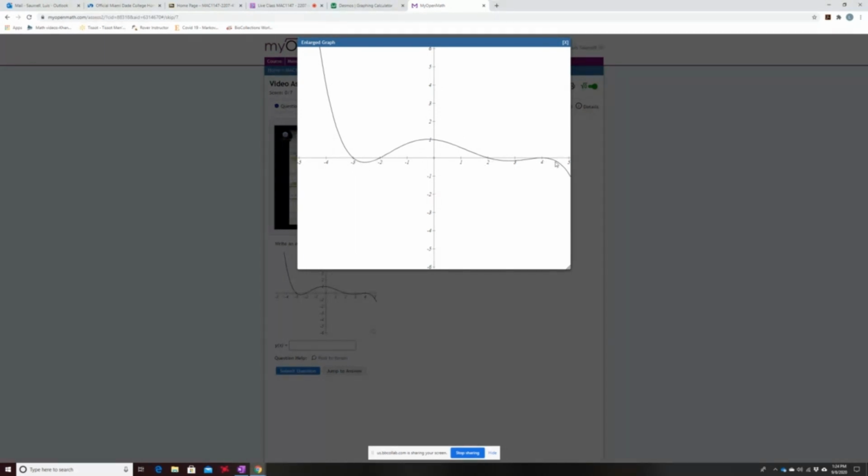So each of those will give you a factor for the polynomial. For example, this means that x plus 3 is a factor, x plus 2 is a factor, x minus 2, and x minus 4, sorry. Now we just have to figure out the multiplicity. So what power would that factor have?